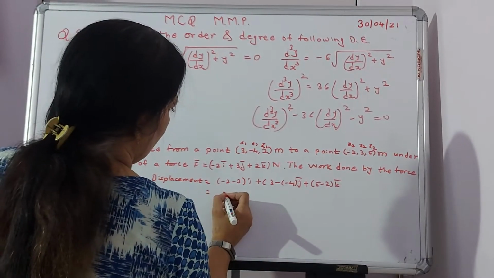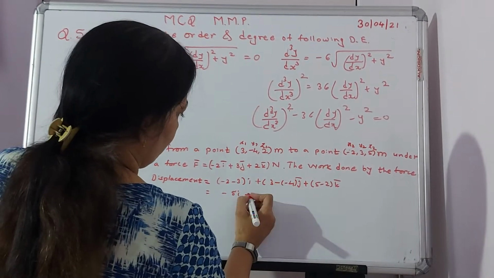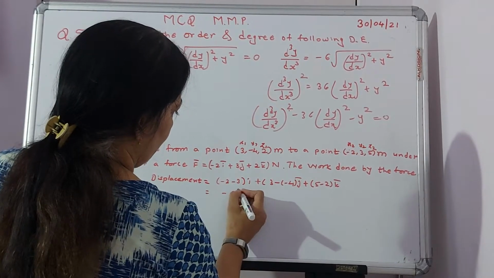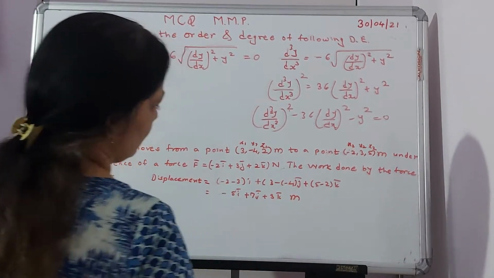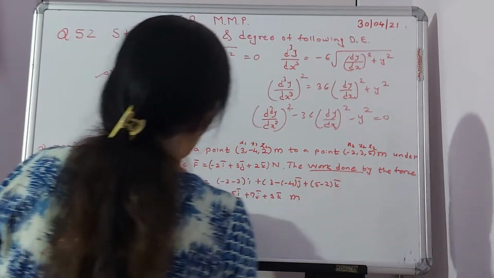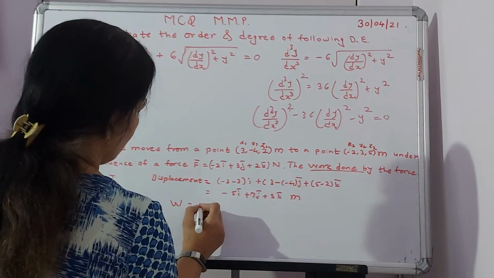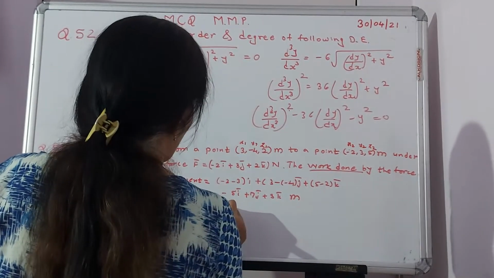So this will give me minus 5i, this is 3 plus 4, so plus 7j and plus 3k meters, right. After getting displacement, what is the work done formula? Work done, W, is equal to F dot S, S or R I should say.